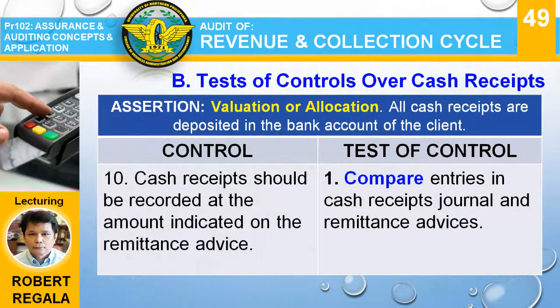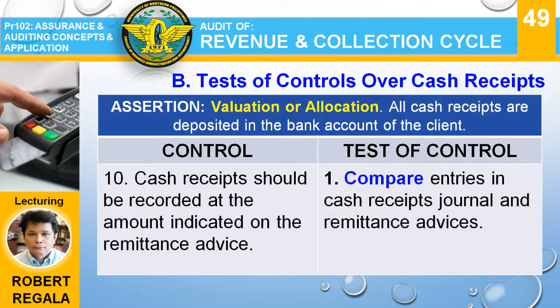Slide 49. General assertion, valuation or allocation. Specific assertion, debits to cash and credits to accounts receivable are valued at amounts received. This is the only slide discussing the controls for the assertions mentioned. The 10th control is described as cash receipts should be recorded at the amount indicated on the remittance advice.